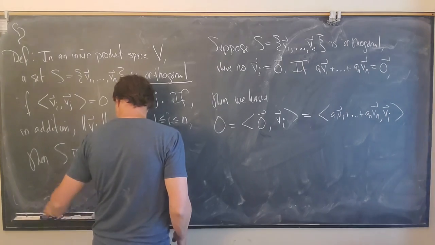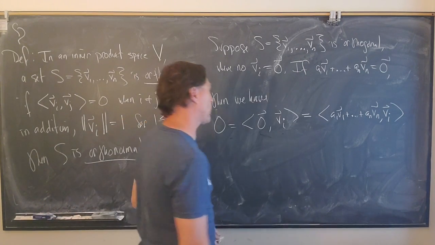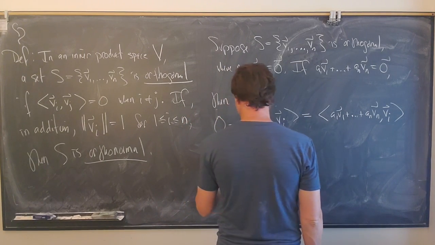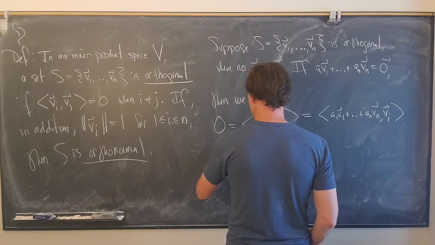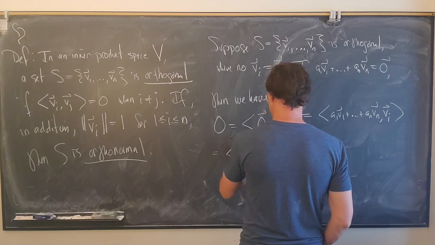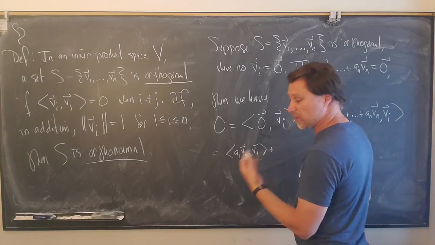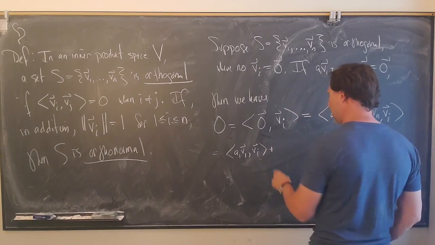Now, we know that inner products satisfy the distributive property, and so this is going to equal a1 v1 inner product with vi plus a2 v2 inner product with vi.